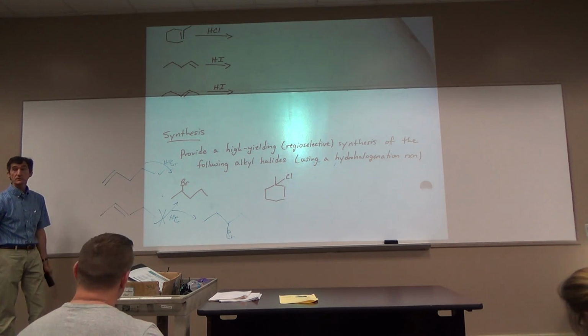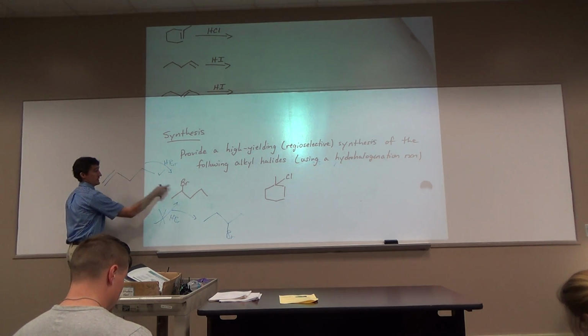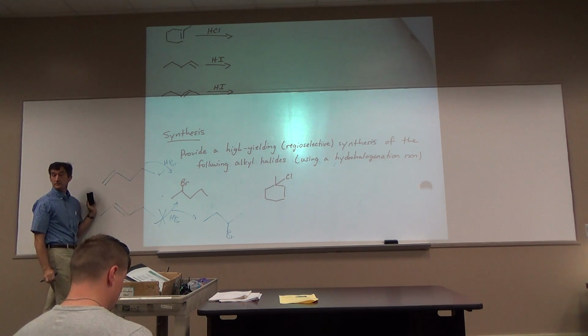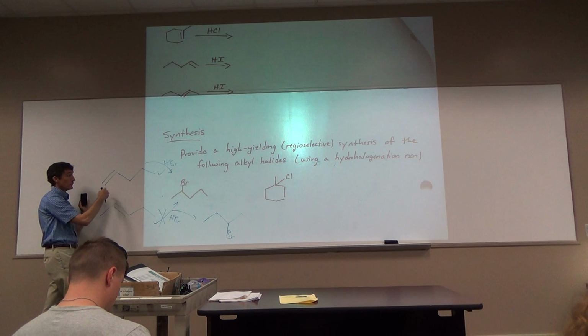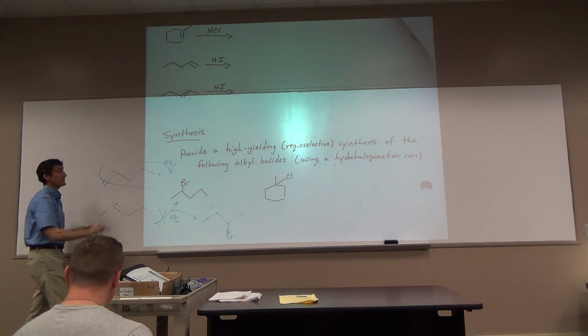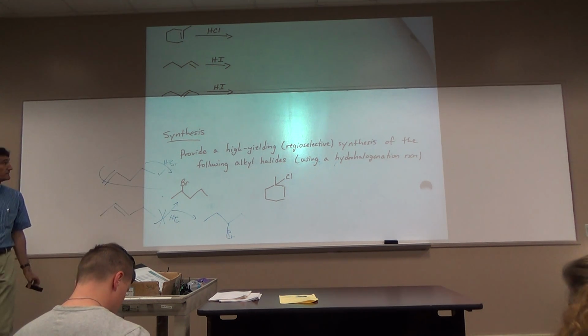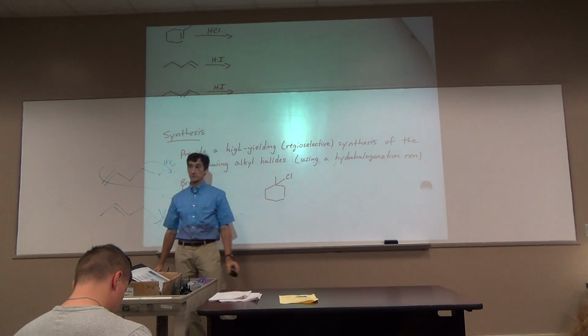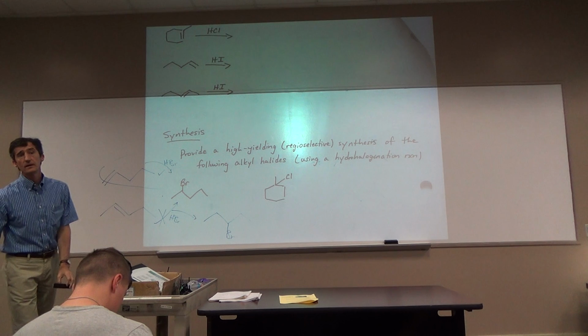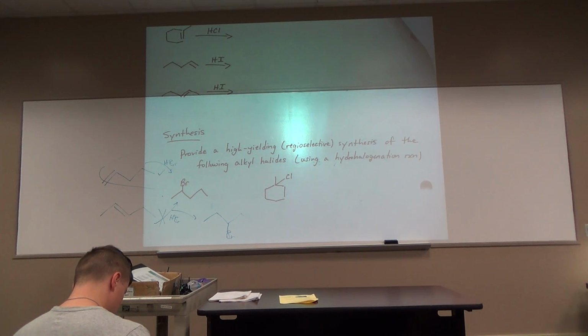That's not going to be regioselective. What about up here? Is this going to be the major product up here? Yes, you're going to make cation here. So this is the way that you would design the reaction as being a high-yielding, regioselective synthesis. Anytime you synthesize something, you want to have the highest yielding.